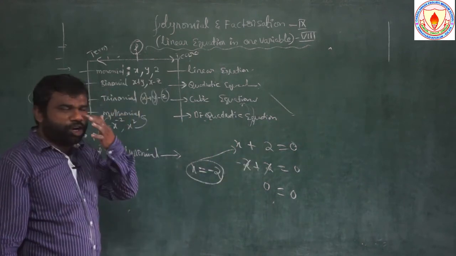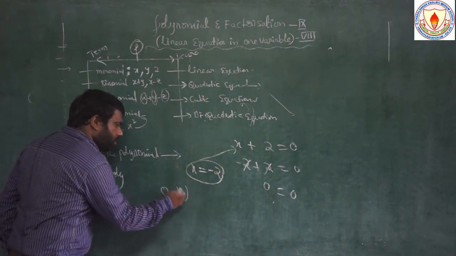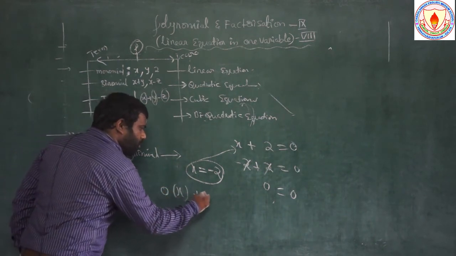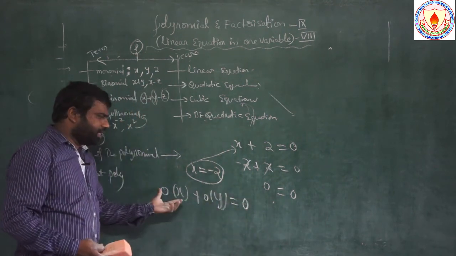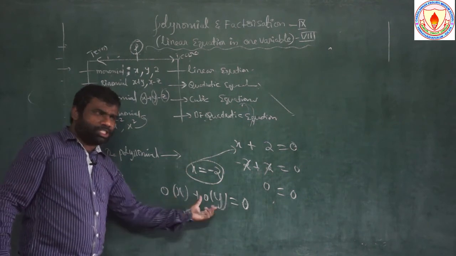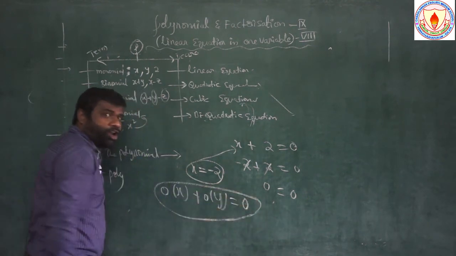Coming to zero polynomial. In zero polynomial, all coefficients of the variables are 0. 0 into anything is 0, 0 plus 0 is 0. This is the total 0. So this is zero polynomial.